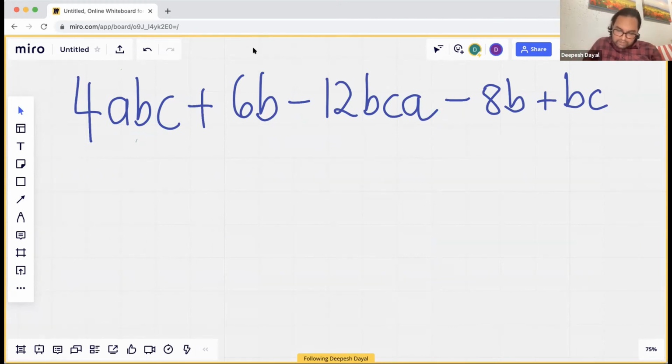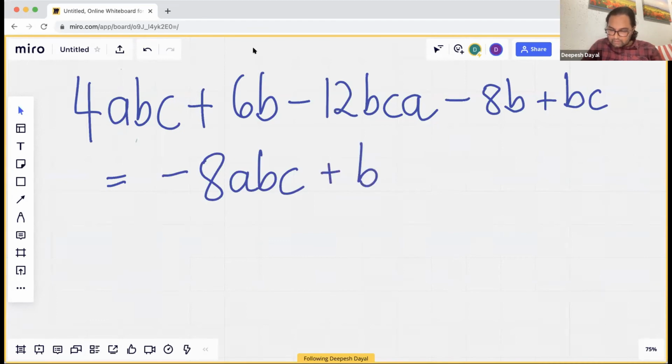I've got an answer here, and sorry, who's that? Buckland. Okay, so it's minus 8abc plus bc minus 2b. Okay, this is an answer from Buckland.